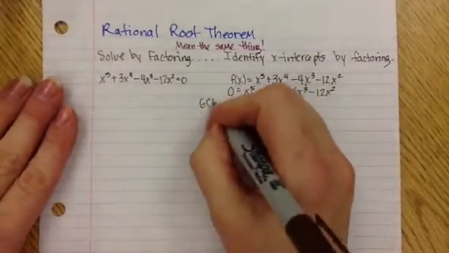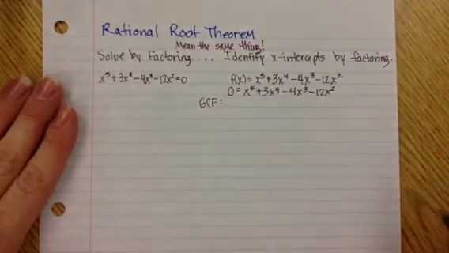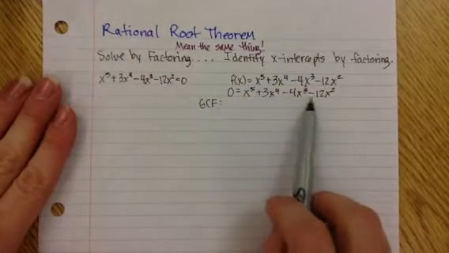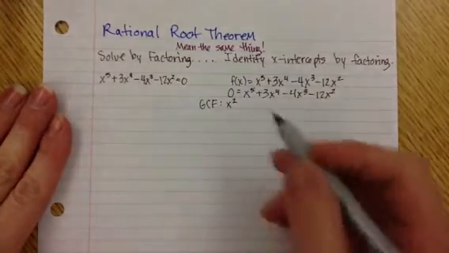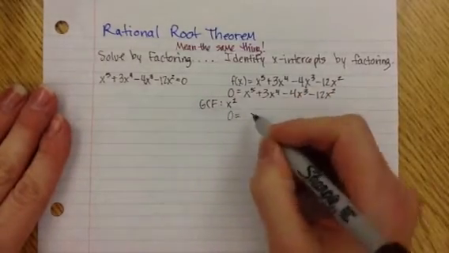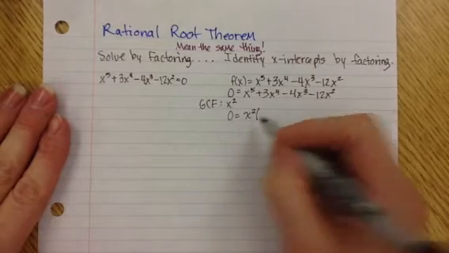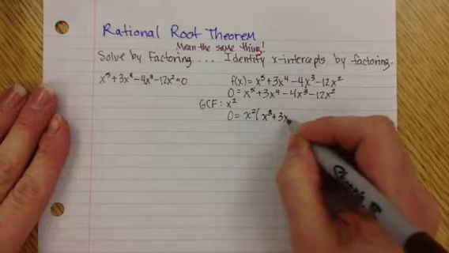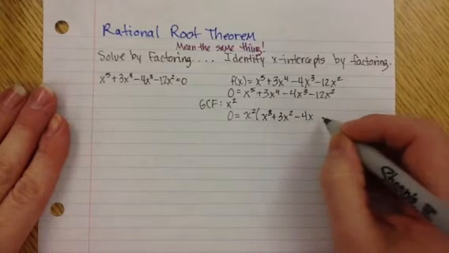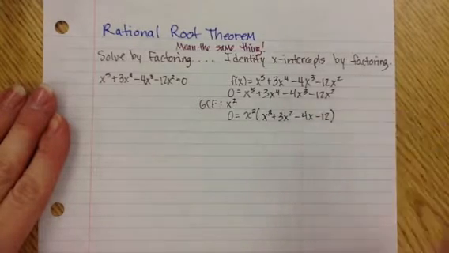First step in factoring is to look for a greatest common factor. All of these terms have at least two x's, so our greatest common factor will be x squared. So I'll rewrite this as 0 equals x squared times x cubed plus 3x squared minus 4x minus 12.